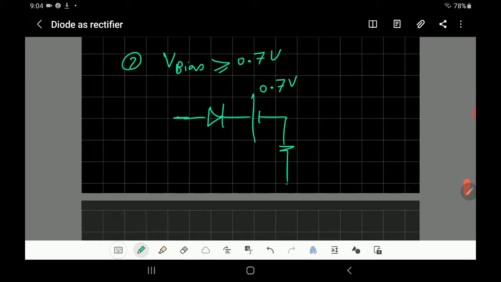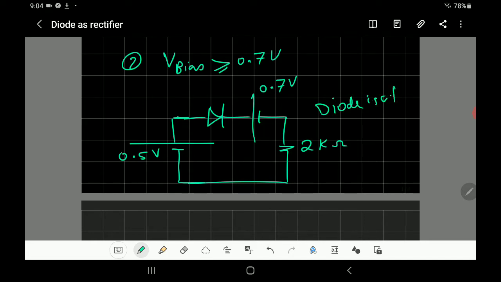And so when you have a load, let's say 2 kilo ohm, what about if you have here 0.5 volt and it's forward bias? But because you have 0.7 volt as a barrier potential, it's not going to be conducting. The diode is off, it's not on, because the voltage of the supply here is less than the barrier.